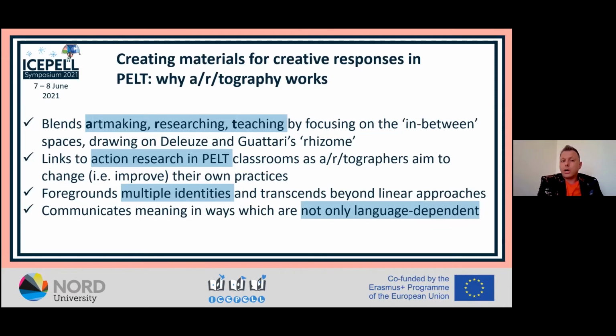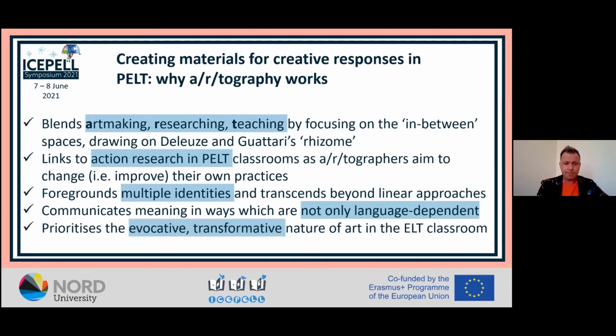Important for children who are learning English and have different proficiency levels. Thinking about the ICEPELL project, we have children as young as 5 in classes and maybe with very little English. And so we need materials which enable them to respond in ways that don't only rely on language. And then very importantly is this evocative quality. We need to evoke a response for creativity to happen, and also the transformative nature of art.